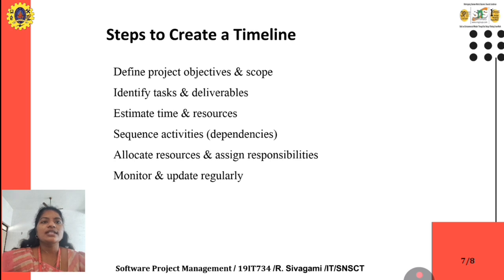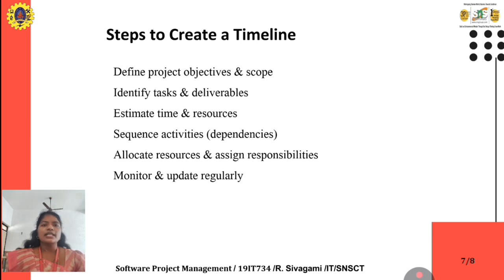The next one is steps to create a timeline. How do we allocate the time for the project? Here some steps are given. Define the project objective and the scope. First we define our project and then the scope of that project. The next one is identify the tasks and the deliverables, estimate the time and resources.